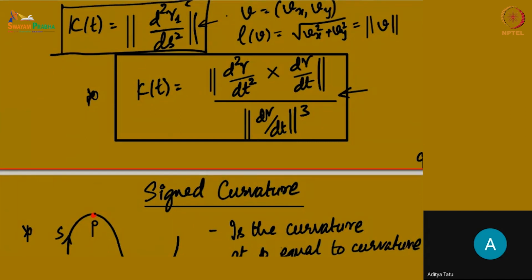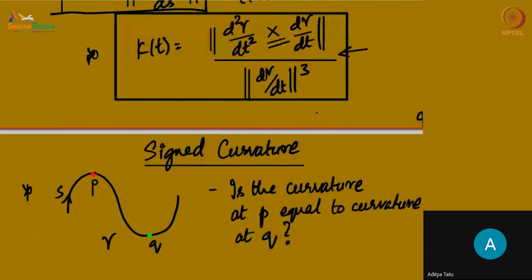It's just the vector cross product of acceleration and the velocity. You'll get a vector, take its length, divided by the length of the velocity vector to the power 3. Now this in principle you can do. It's not very interesting though. So let's move on.